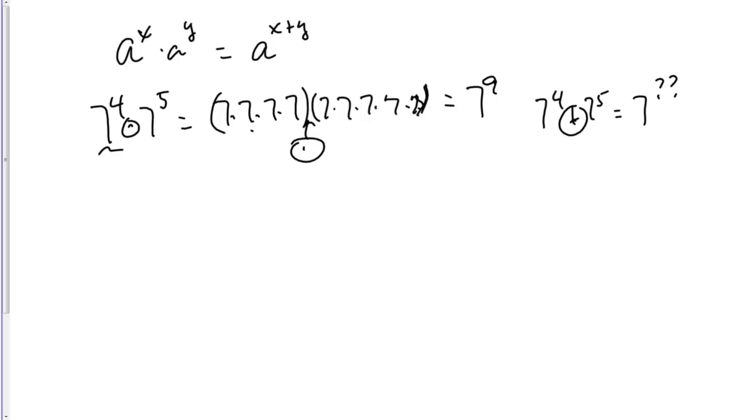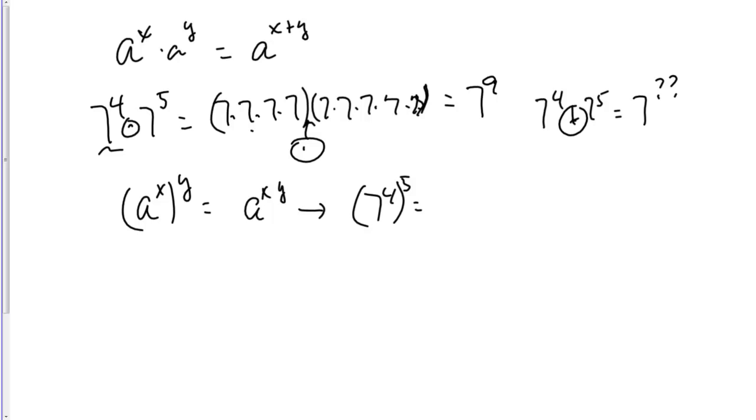We would also have, say, a to the x to the y power. That would be a to the xy. We would multiply it here, and again, we could see this with, say, 7 to the 4th raised to the 5th power.